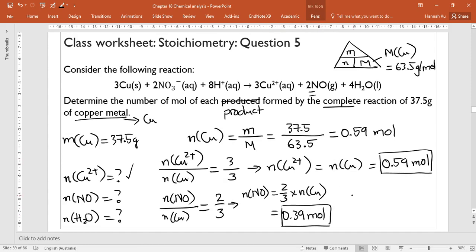And then the last one's H2O. So the number of mole of H2O over the number of mole of copper, the mole ratio between these two species is a 4 to 3 mole ratio, which means that N of H2O, really should have planned this out a bit better and start small. Oh wow, 4 over 3 times, and can I do this?